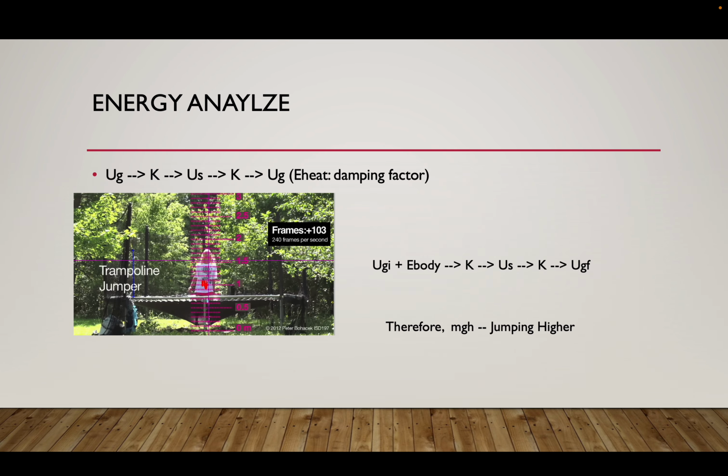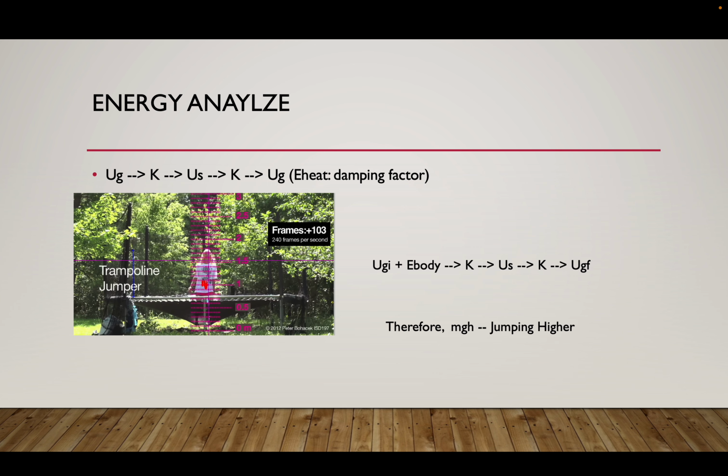In our computational model, we can simulate the energy changing as gravitational potential energy becomes kinetic energy as you accelerate and fall to the trampoline.